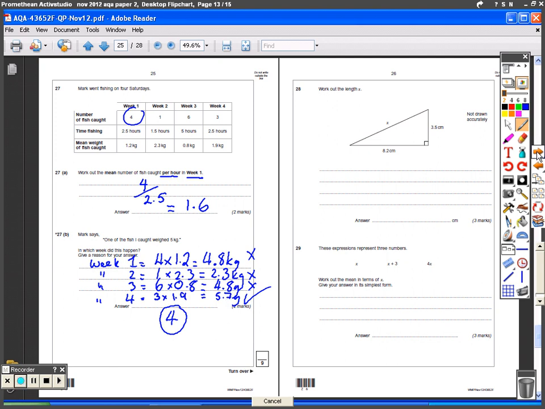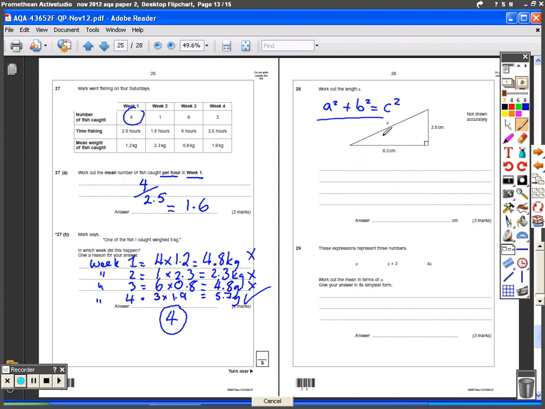Okay, question 28. Work out the length of x. So this question's a Pythagoras question where you know a squared plus b squared equals c squared. This is your Pythagoras formula. So this is the hypotenuse. It's the longest side that you want to find. So c is the longest side.